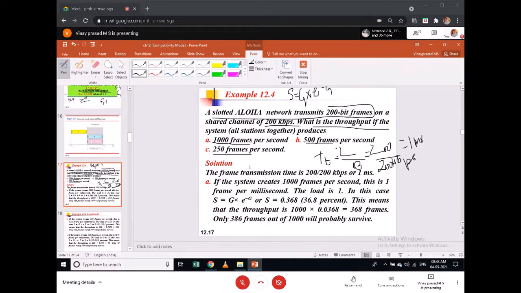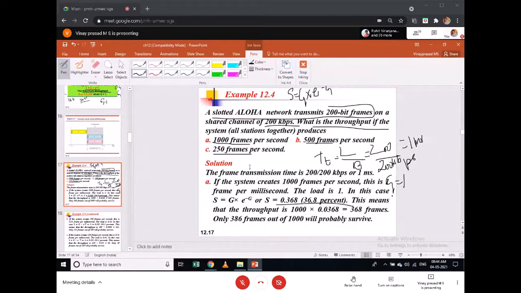Only one frame, isn't it? Then G becomes 1. If you substitute this 1 in this expression, you will get the efficiency as 36.8%.